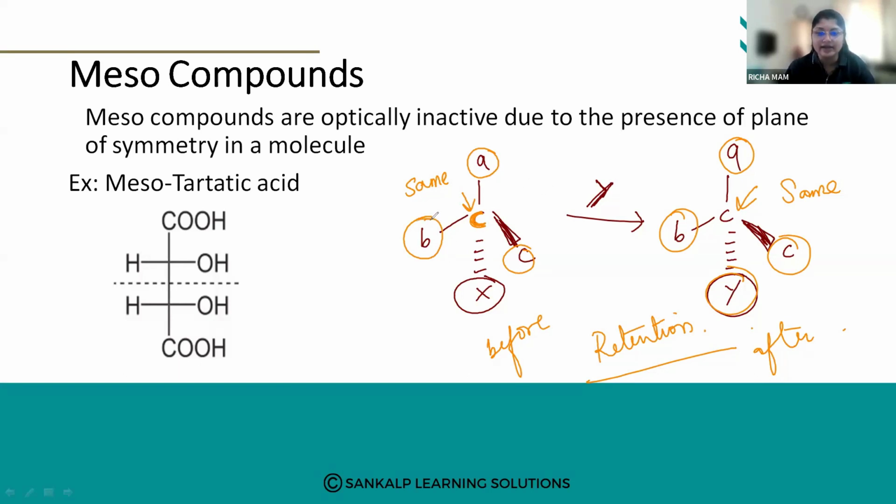At the starting reactant there is the same configuration, and after reacting there is also the same configuration. So this is called retention of configuration. No bond is broken at the stereo center, and the relative arrangement of the atoms is the same across the stereo center.